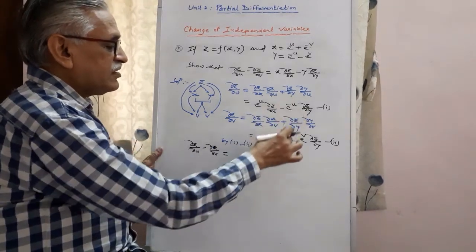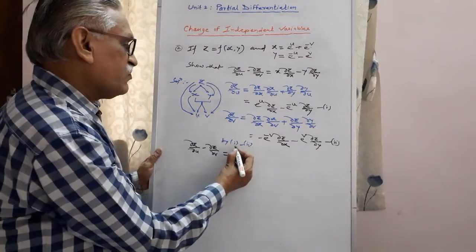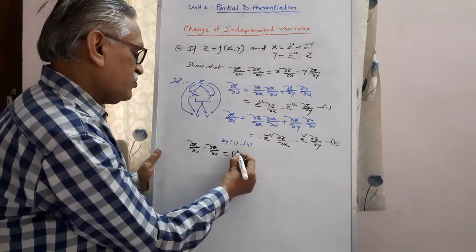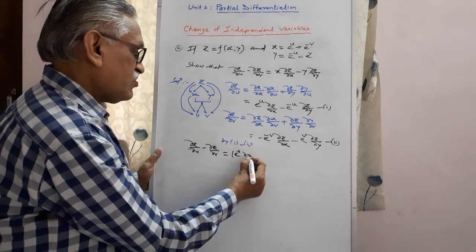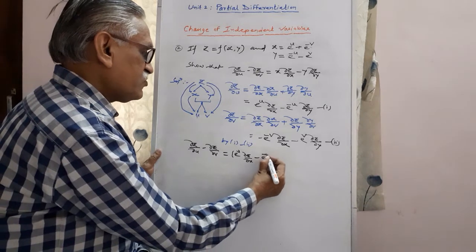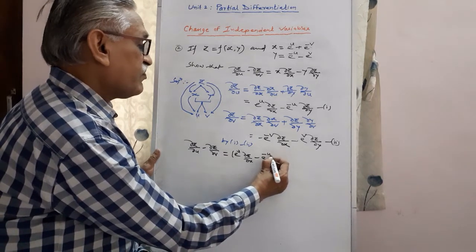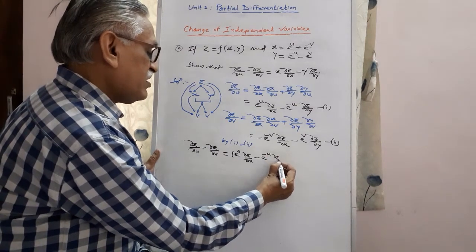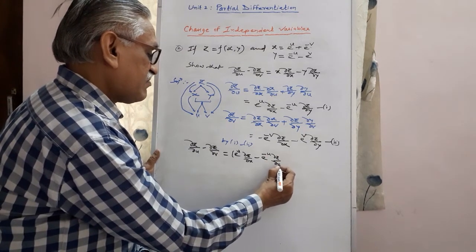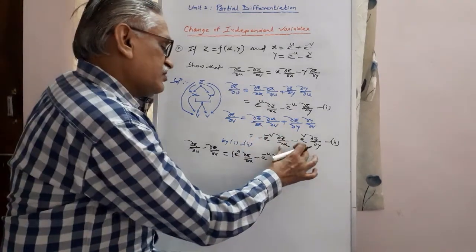Subtracting equation 2, the equation 1 result is e raised to u dou z by dou x minus e raised to minus u into dou z by dou y, minus this term.